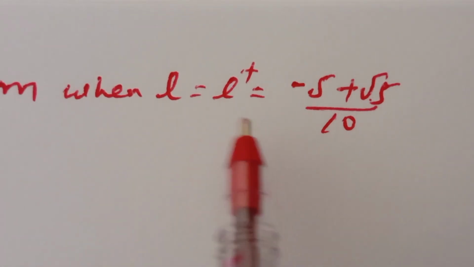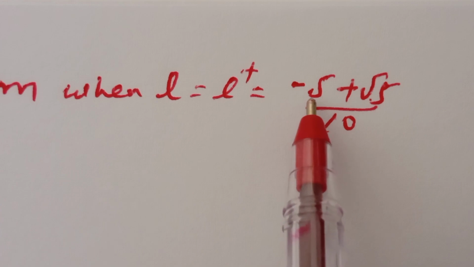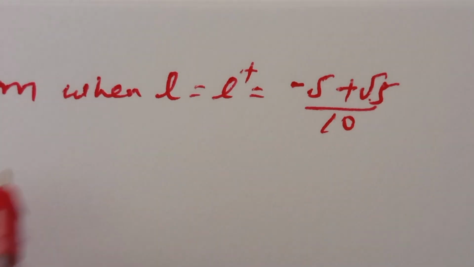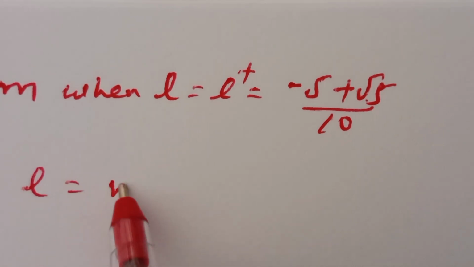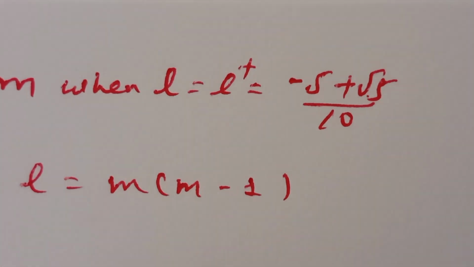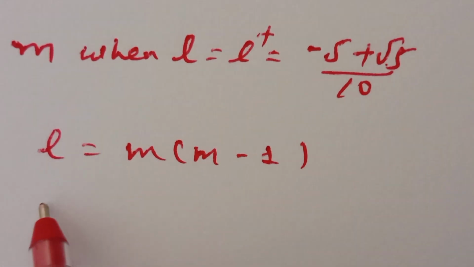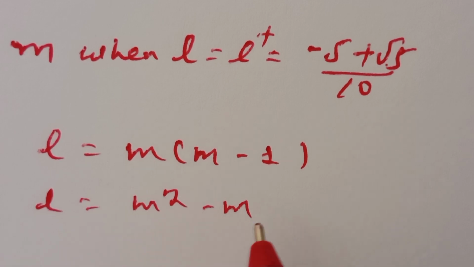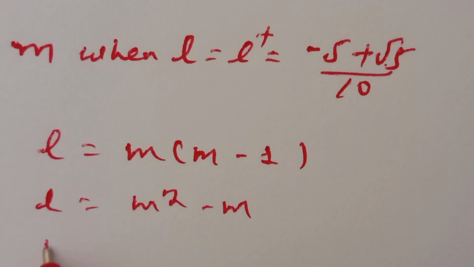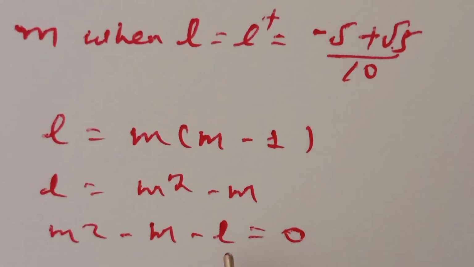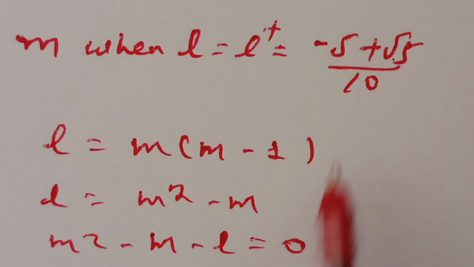Now when L is equal to L plus, which is equal to minus 5 plus under radical 5 over 10, since L is equal to m into (m minus 1), this L is equal to m squared minus m, and this m squared minus m minus L is equal to 0, and this L is now the positive L part.